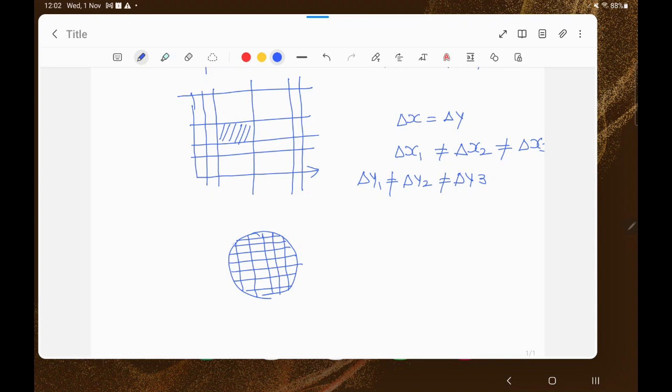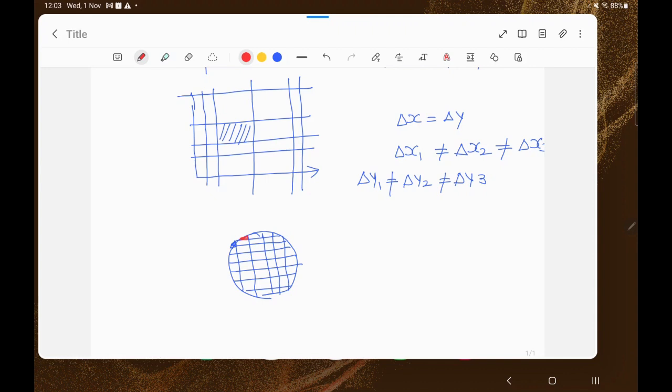What about this cell? This cell? It will be a mix of square or rectangular and triangular cells. Right? Which means that you cannot fill a circle with only rectangular cells. You have to use triangular cells. Right? And we will come across more cases where it will not be possible to use structured grid.